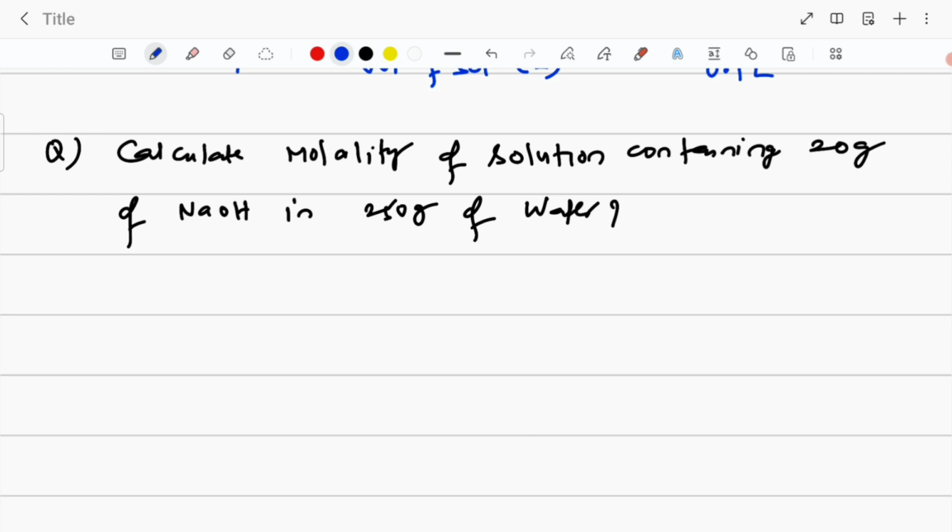Here they gave water. So according to the given information, 20 grams of NaOH is present in 250 grams of water. We need to find the molality of the solution.